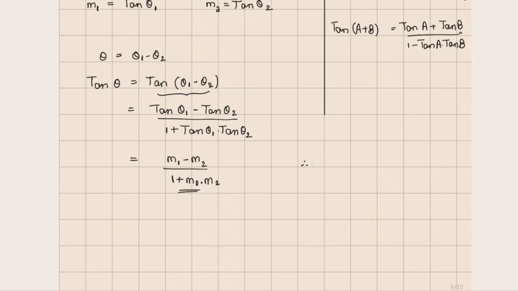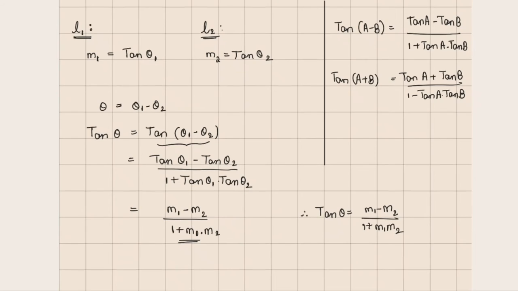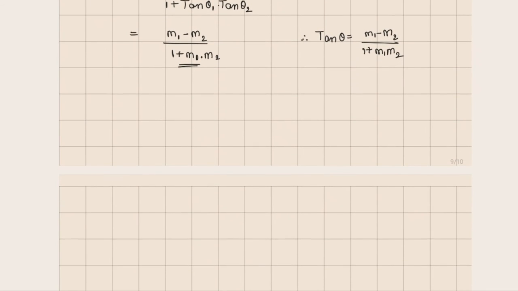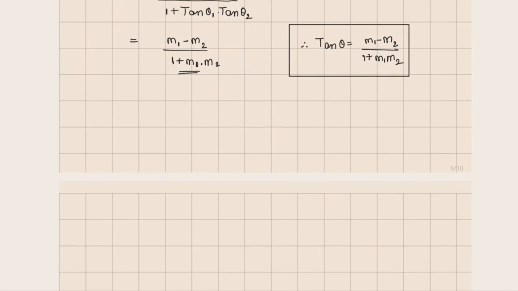So tan theta equals m1 minus m2 by 1 plus m1 into m2.